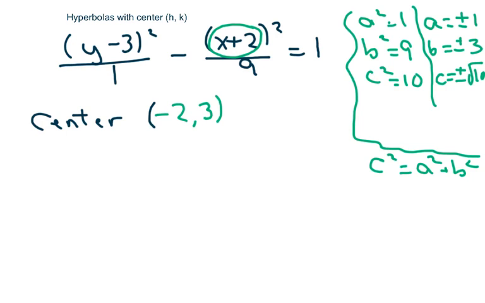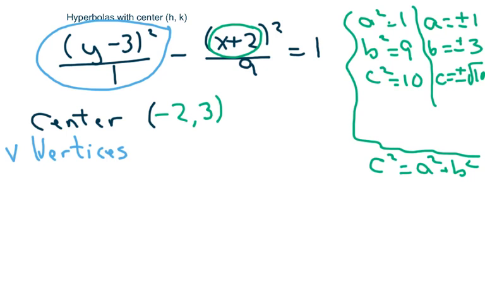Alright, so we also have to find the vertices, and the vertices are going to be on whatever is the lead. The lead is y. So what I do on my vertices is, let me write vertices here, is I copy my center down, and since it's the y, the only thing that's changing is my y.